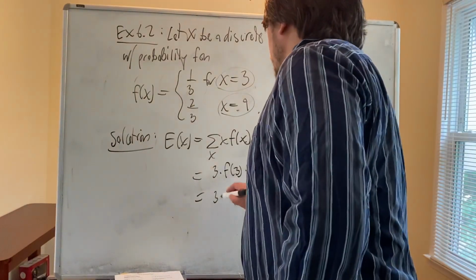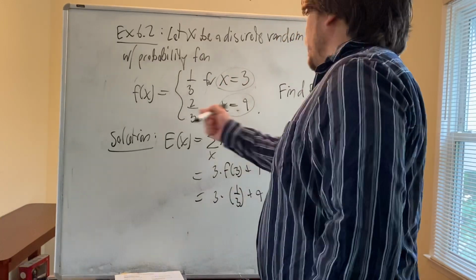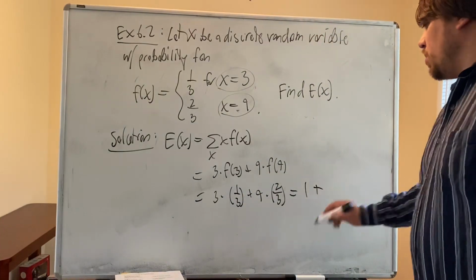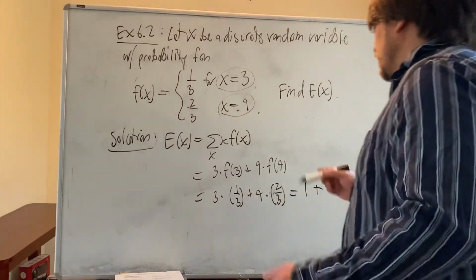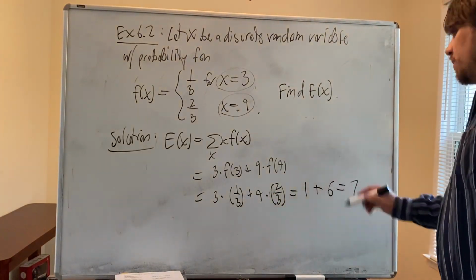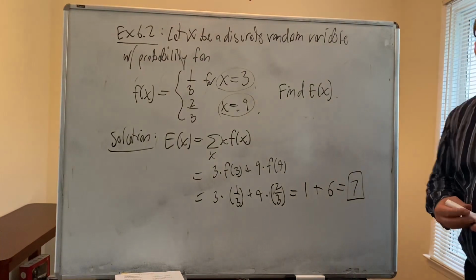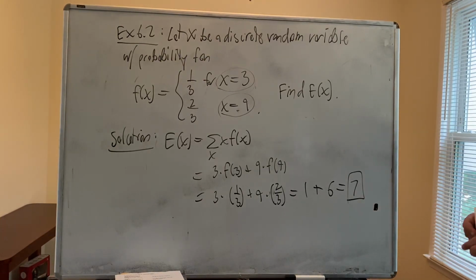So this is equal to 3 times 1/3 plus 9 times 2/3. 3 times 1/3 is 1. 9 times 2/3 is 6. So 1 plus 6 is 7. And so capital E of x is 7. Good.